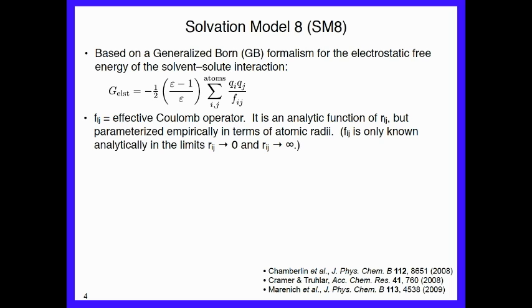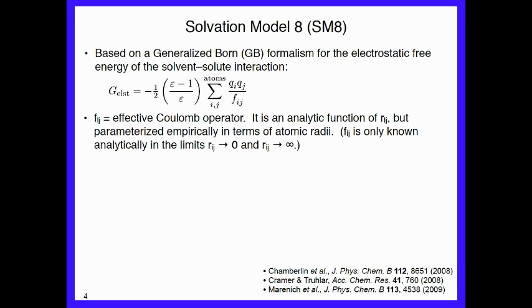You can see a formula here for what I've called G electrostatic, and if you're familiar with Born's formula for an ion centered in a spherical cavity, centered in a continuum dielectric, this looks very similar to that, and basically this generalized Born formalism is a way of decomposing the electrostatic interaction in a pairwise additive way.